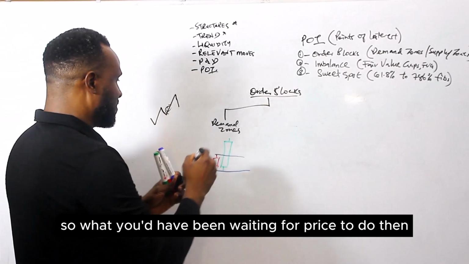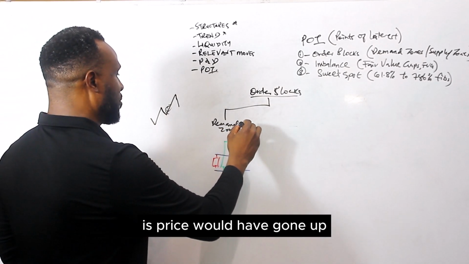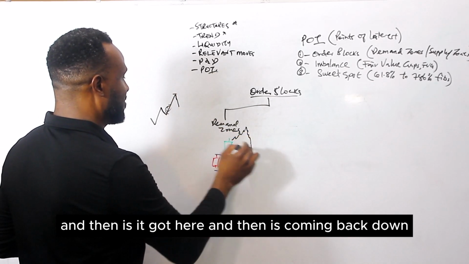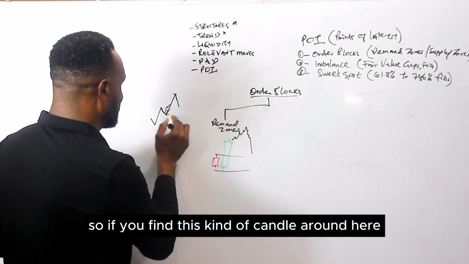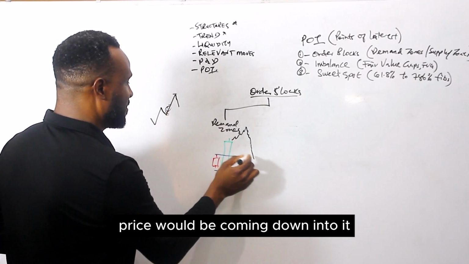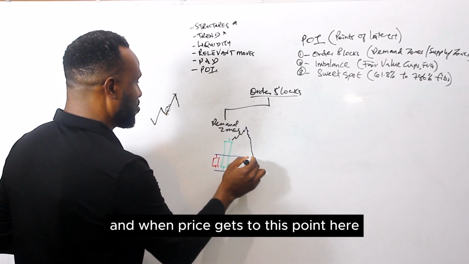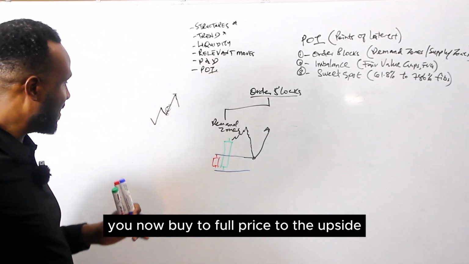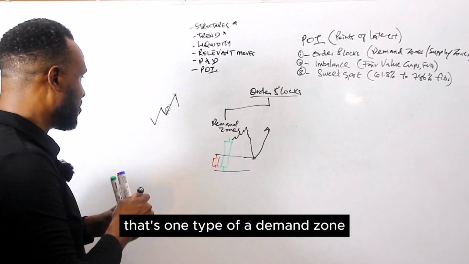What you'd have been waiting for price to do is go up, get here, and then come back down. So if you find this kind of candle around here, price would be coming down into it. And when price gets to this point here, you now buy to follow price to the upside, right? So that's what you're looking for. That's one type of demand zone.